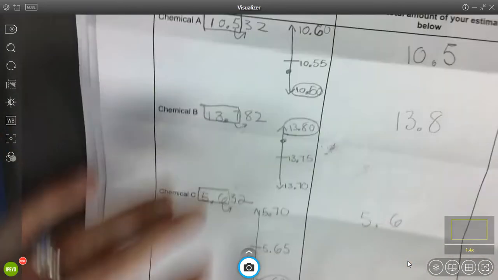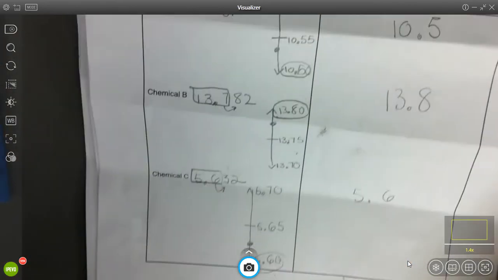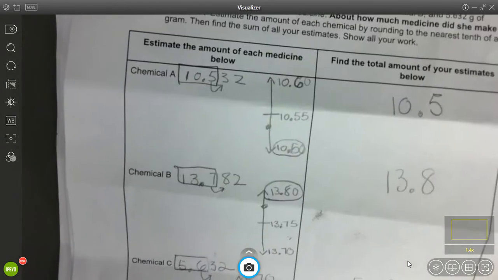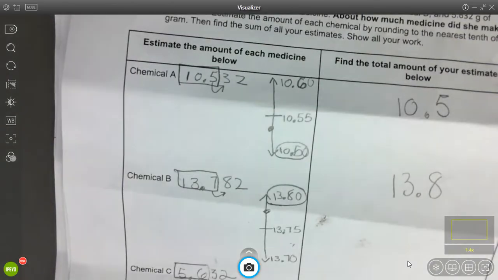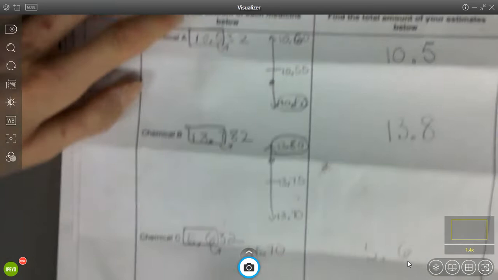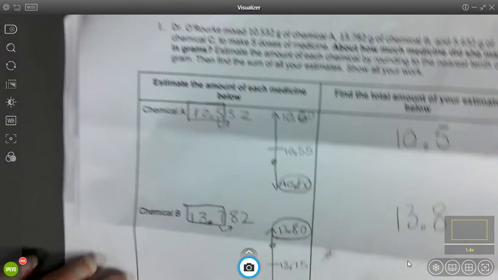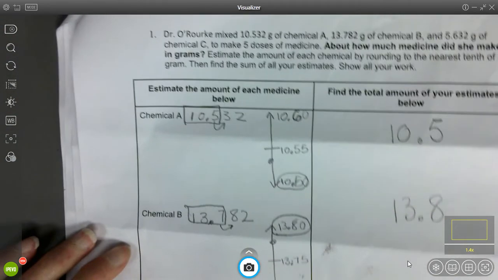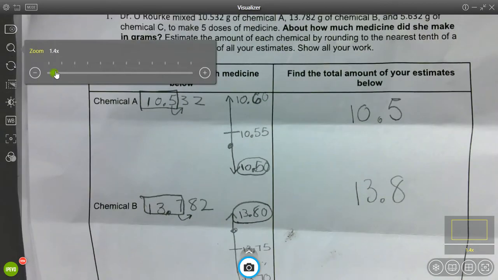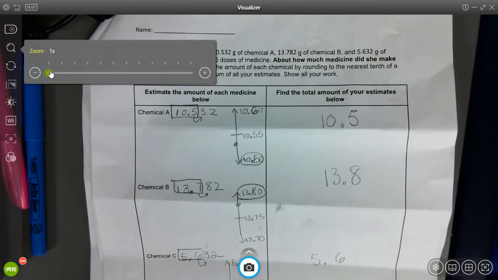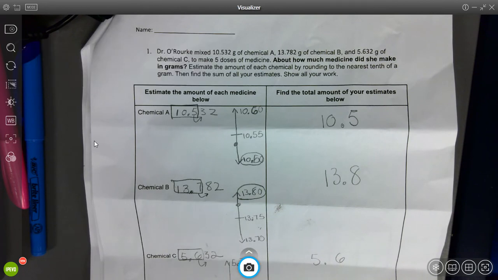And this is our last page of the test. This is about the chemicals. So if you need to take a look at the answers, you can please pause and get down the answers. Okay? This is what we've gone over many, many times at school. So we have to get down the amount of chemicals, or we're talking grams, of each chemical.